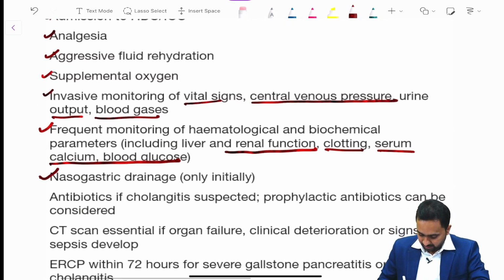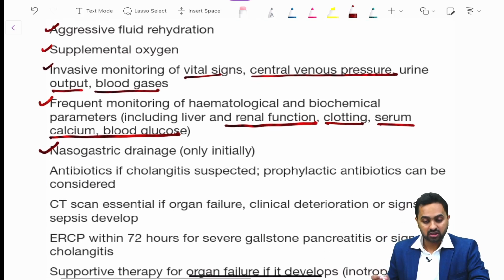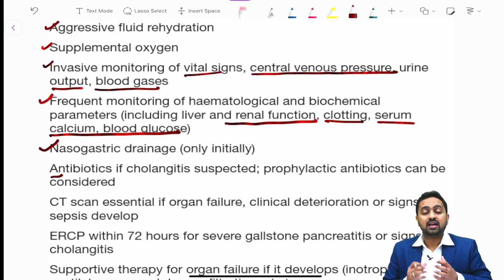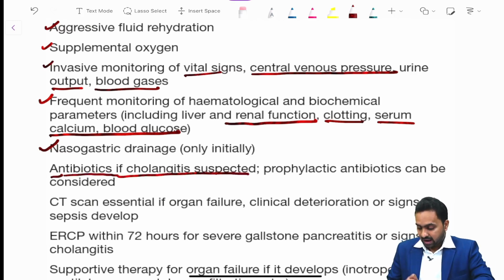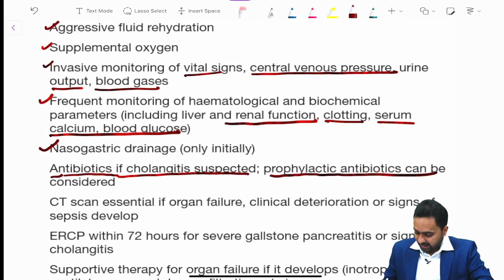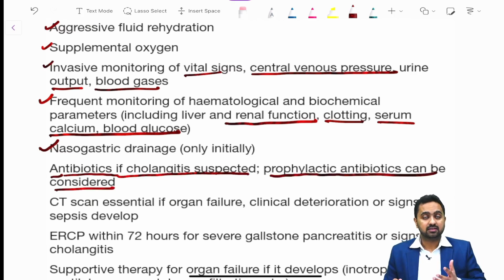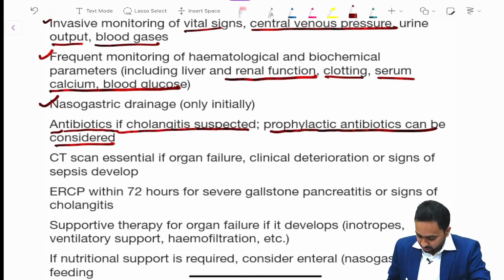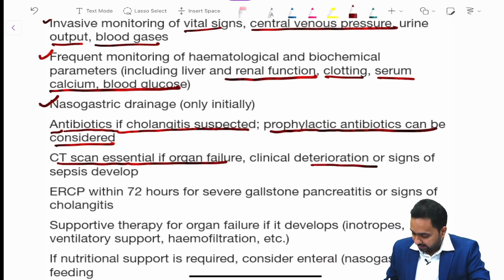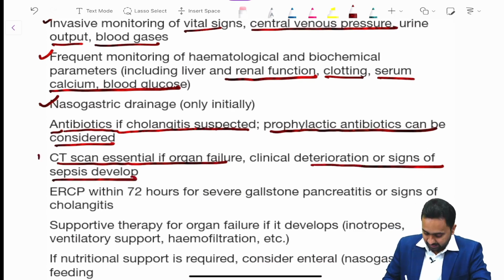Then we have your nasogastric tube only initially, that means we do not have to have a persistent nasogastric tube. Then antibiotics only if cholangitis is suspected, and then prophylactic antibiotics can be considered, and usually we give antibiotics only when we suspect an infection. The CT scan is essential if there is organ failure or clinical deterioration or signs of sepsis develop.